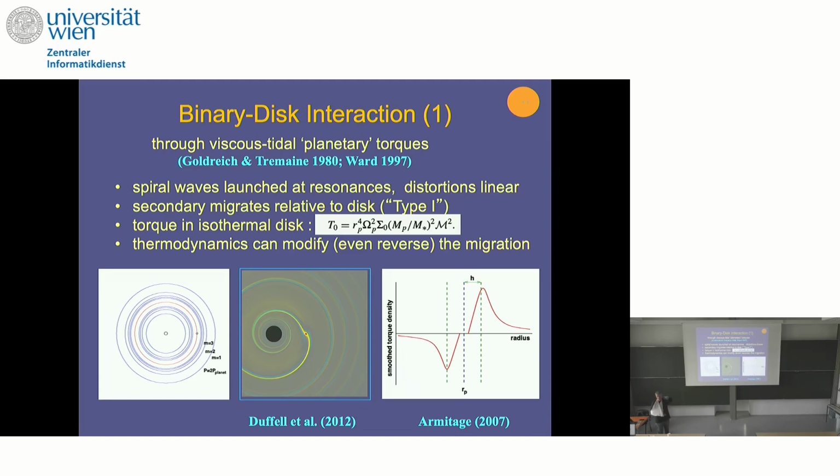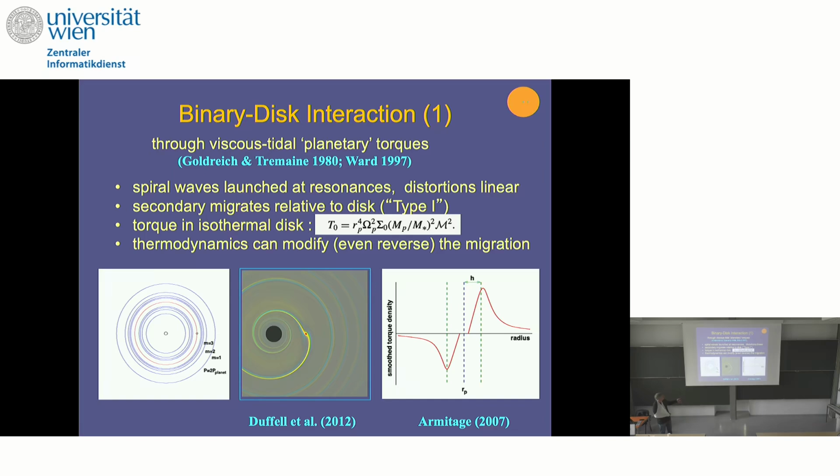Whenever the gas orbit is a rational integer ratio with the orbital time of the perturber, there are resonant locations, and you make stronger perturbations there, and you form these spiral arms. You can do a linear calculation of the resulting torque, meaning these non-axisymmetric features will impact the orbit of the perturber.